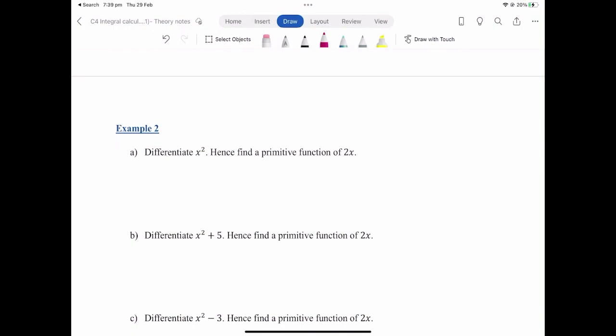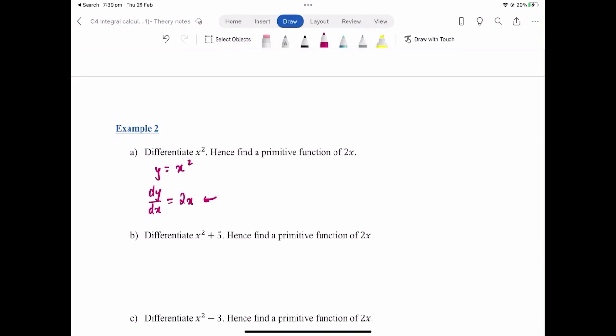This example asks us to differentiate x squared. So we've got a parabola and we want to differentiate it. So if y is equal to x squared, dy/dx is equal to 2x. To find the primitive function, we just say to ourselves, okay, if my derivative is 2x, then my primitive function is just the original function that I had to start off with.